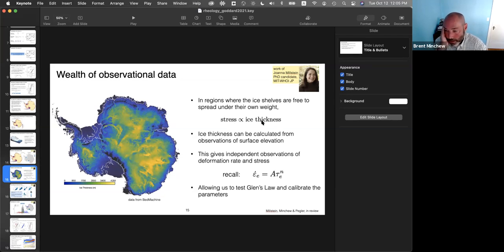The estimates of the ice thickness that we have are a function of the mass density itself, because we're not measuring ice thickness directly in general over the ice shelves. We're measuring the surface elevation and then estimating the thickness based on some estimates of the density. In addition, the constant of proportionality here contains the mass density of the ice. So we've got to look at those different pieces.